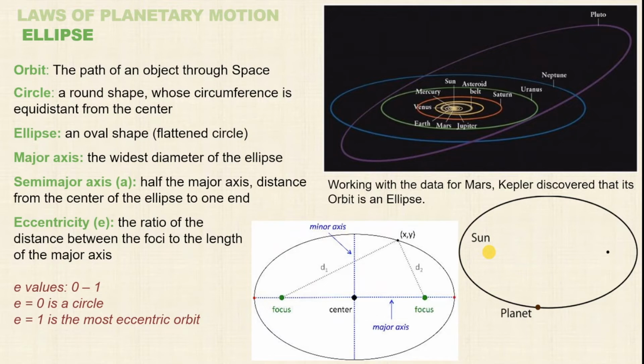And the brilliant finding of Johannes Kepler is that the orbit of planets around the sun is always an ellipse. An ellipse is a geometrical shape which has two foci, and the sun or the central body is always at one of the foci, like this one here.